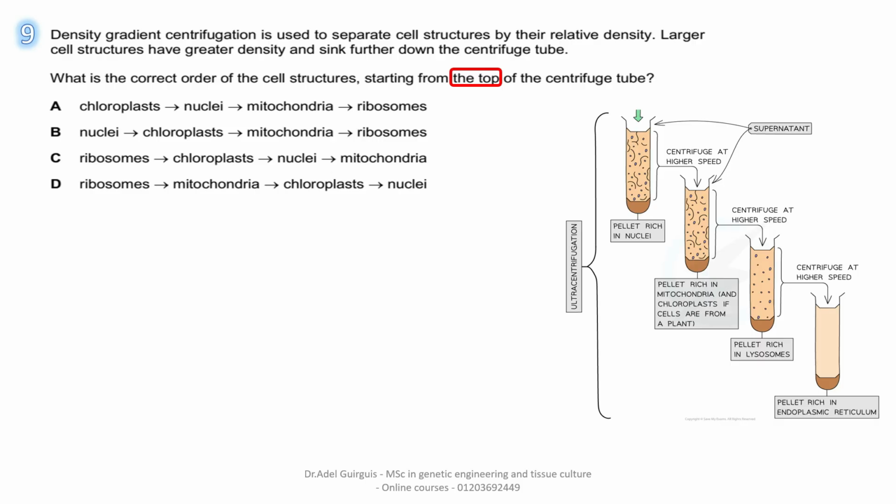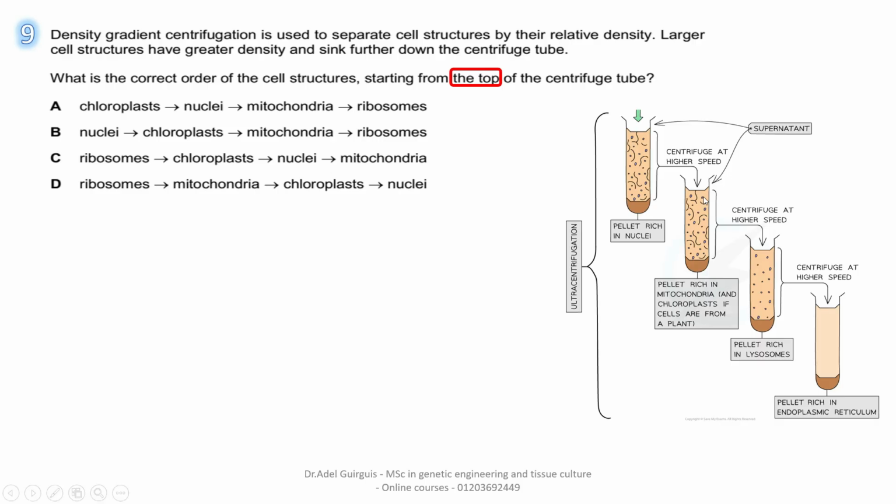If we use plant tissue, we obtain chloroplast first, because chloroplast is bigger and with higher relative density than mitochondria. So chloroplast, then mitochondria.